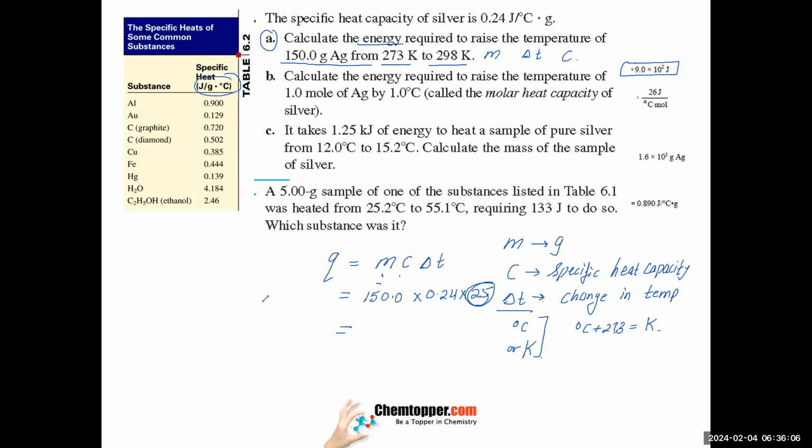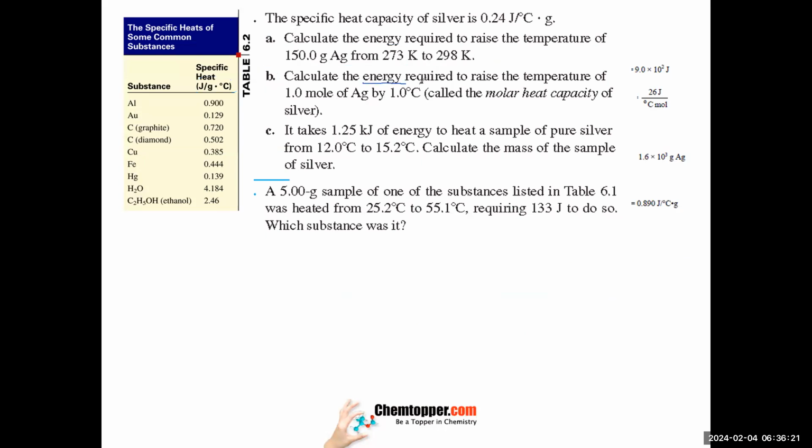Now let's see the B part. Ready for the B part? A part is done, and the units will be joules. Answer should be this. Calculate the energy required to raise the temperature of 1 mole of silver. This is called molar heat capacity.